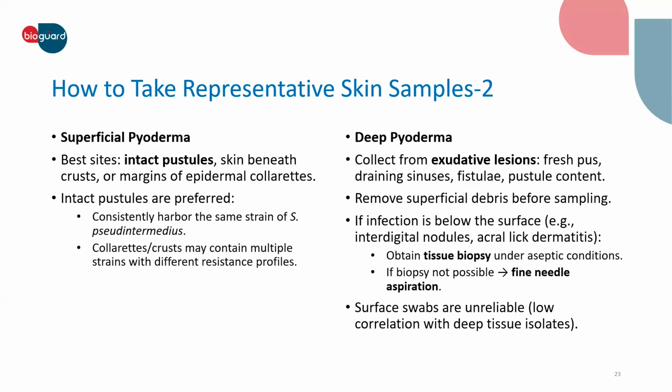The intact pustule is preferred because it consistently harbors the same strain of Staphylococcus pseudintermedius, and the collarette crust may contain multiple strains with different resistance profiles.